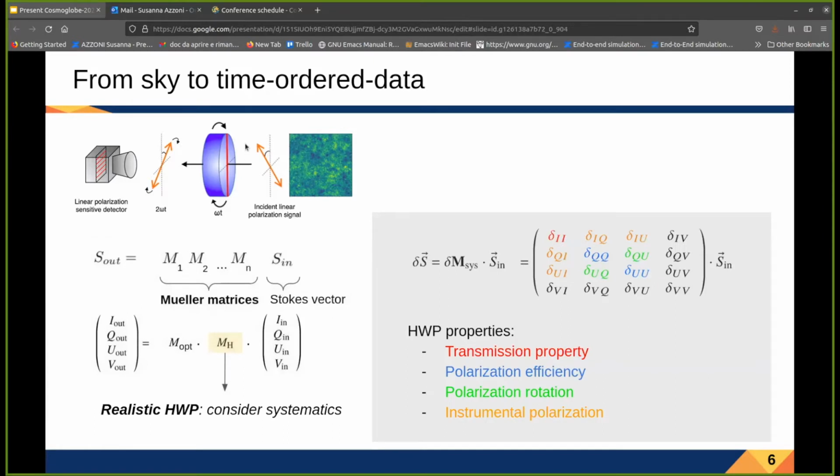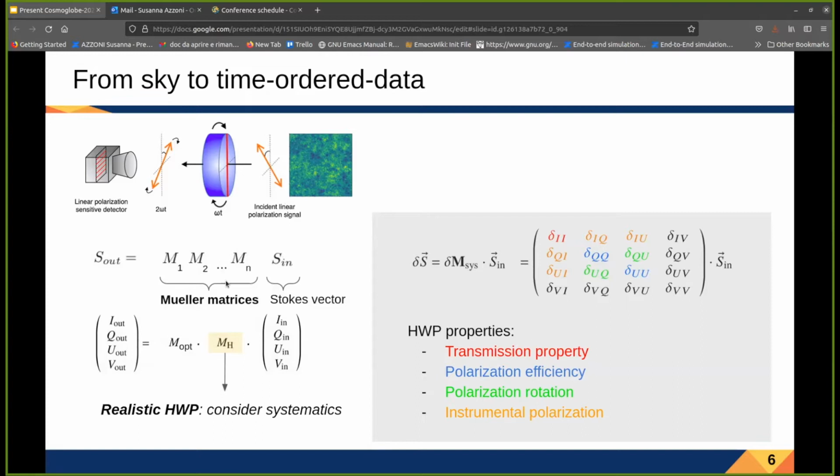So if we then consider a measured polarized signal, that is the true sky signal modified by systematic effects, then in general, we can define a vector delta S that defines the uncertainties in the Stokes parameters in terms of the Mueller matrix for a given systematic error defined by these delta Ms. And delta S here is just the vector of the measured Stokes parameters minus the vector of the Stokes parameters coming from the sky.